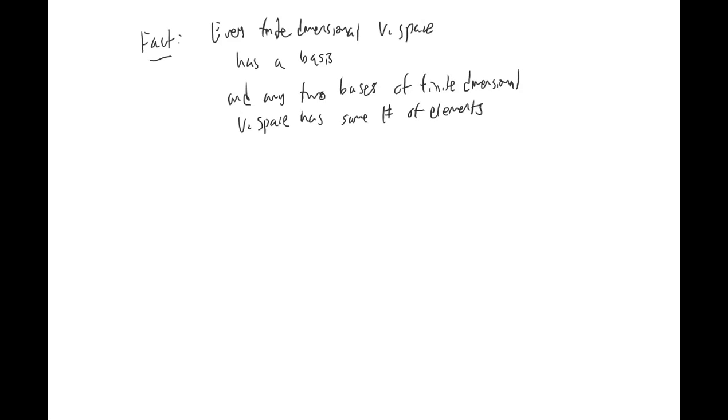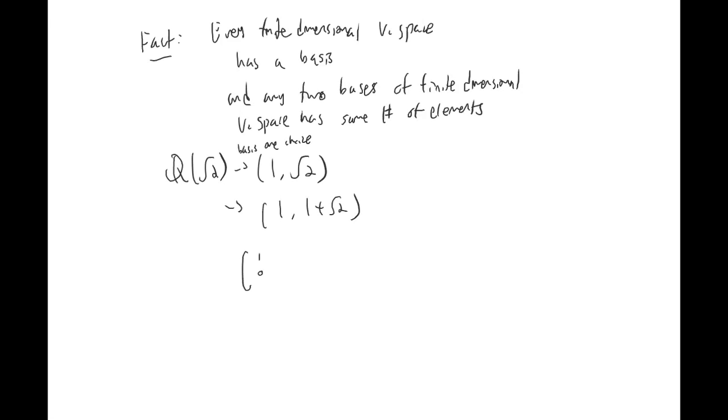An example would be, I didn't have to choose this, this is one choice of a basis. I could choose another one, but I know it has the same number of elements. I could have chosen 1 and 1 plus root 2, if you like. Kind of like here, 1, 0, 0.